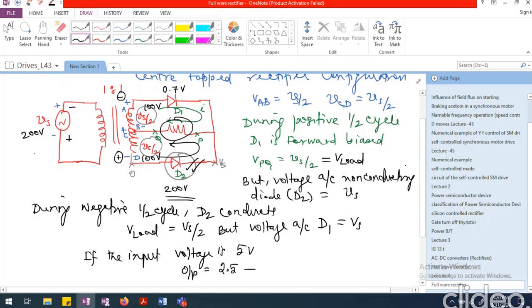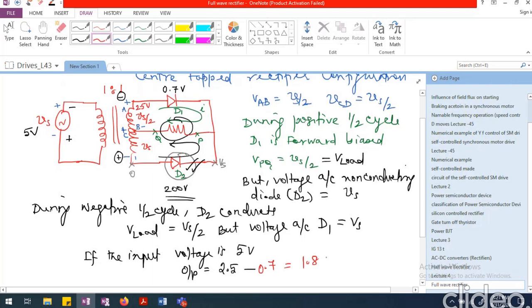Because half of that voltage, if this entire voltage is 5 volts, we have only 2.5 volts coming up here and 2.5 volts coming up here. So we will have 2.5 volts coming up here, but out of that 0.7 is eaten away by the diode.